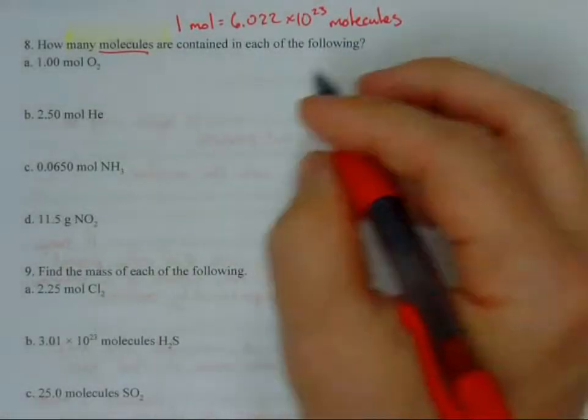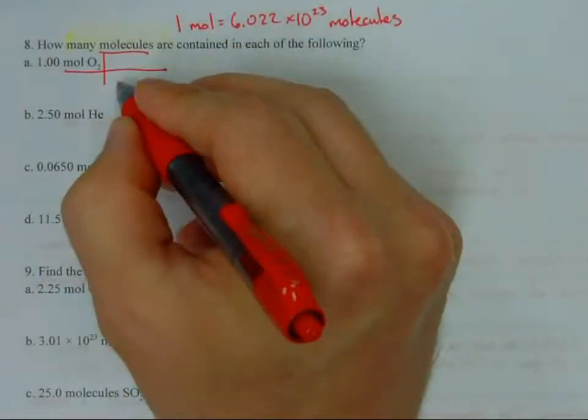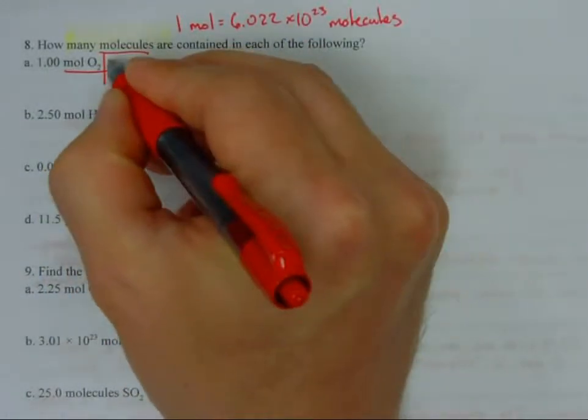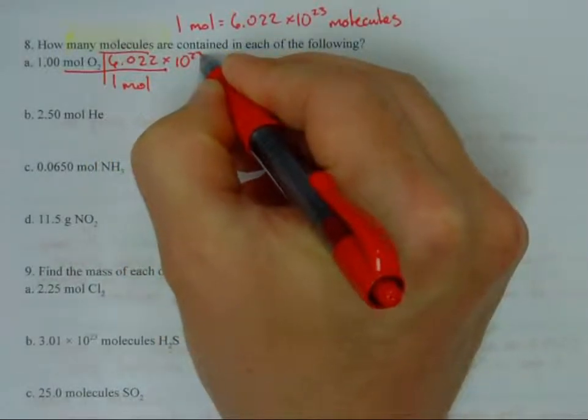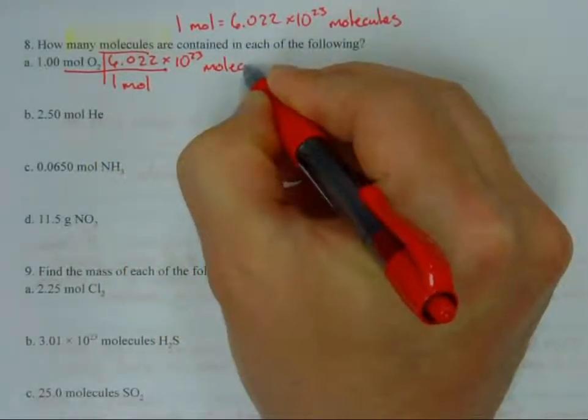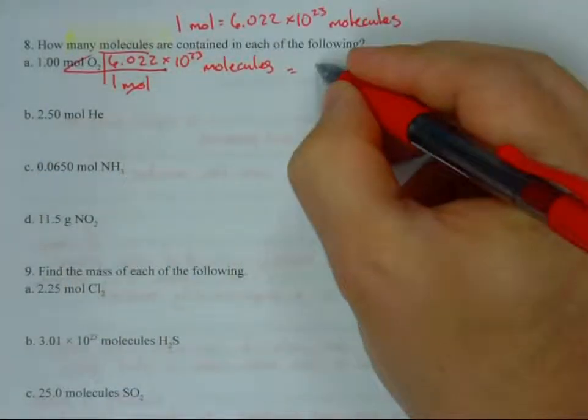So here we go. You know what? I'm just going to go ahead and use this bad boy in my crosshairs. And the 1 mole is equal to 6.022 times 10 to the 23rd molecules. Moles cancel, moles cancel.